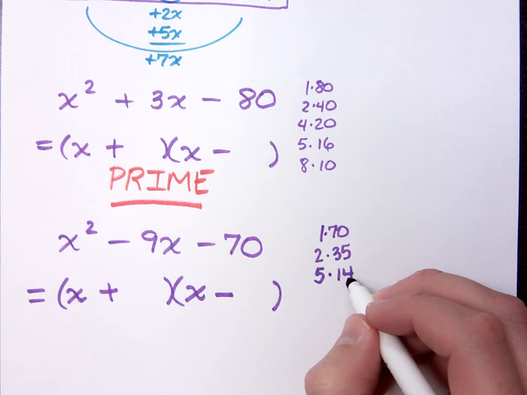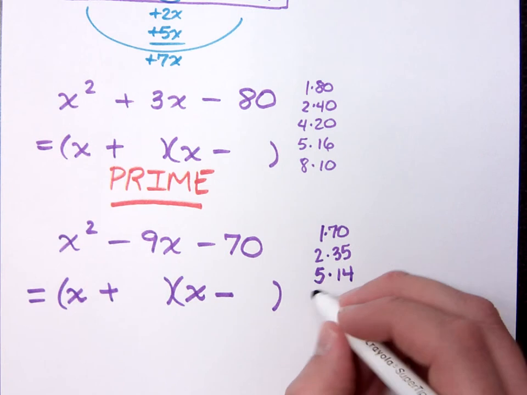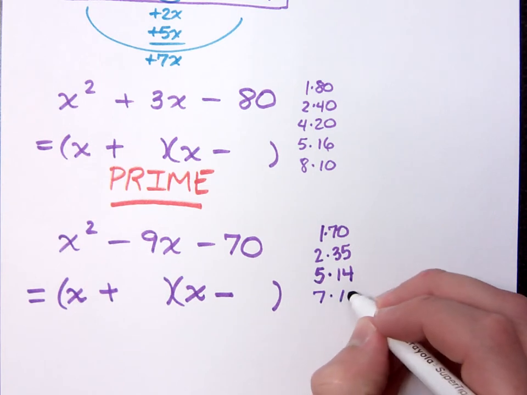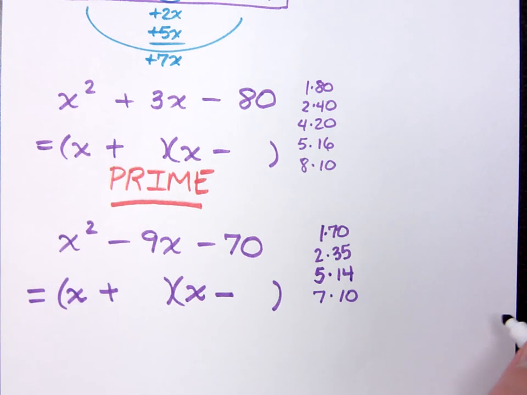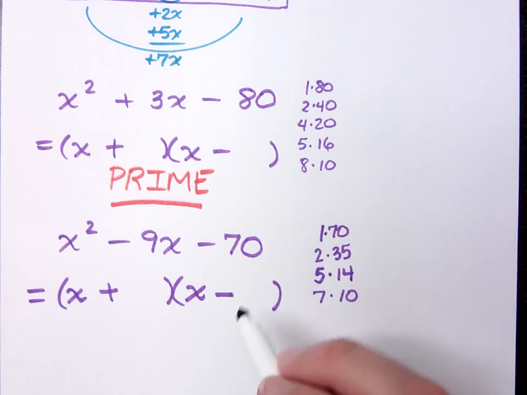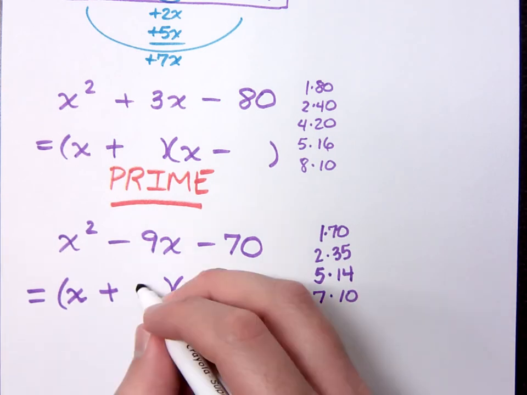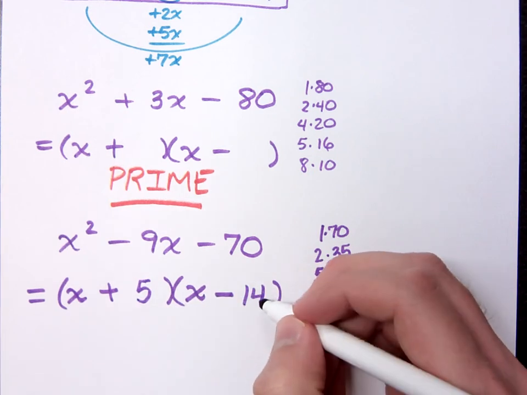If 3 didn't go in there, 6 would not go in there, or any other multiple of 3. 7 and 10 is going to be the last combination that we have. So are there any numbers that are going to work here for us? 14 and 5. So what goes where? Positive 5, negative 14, right?